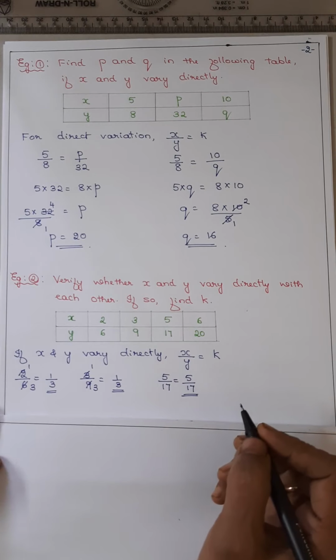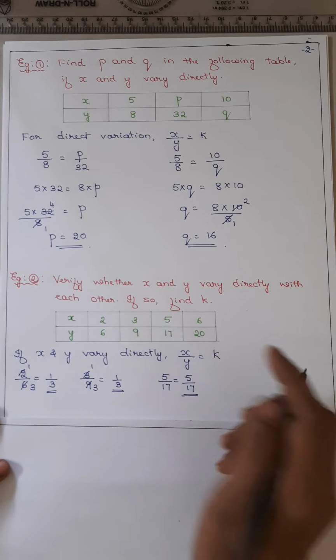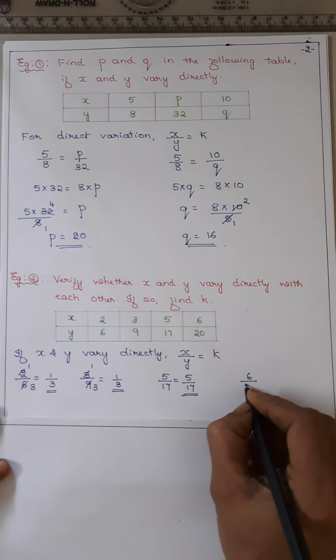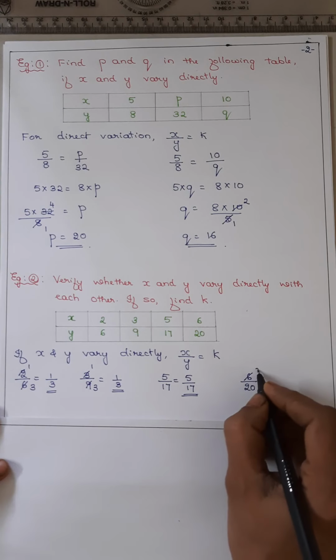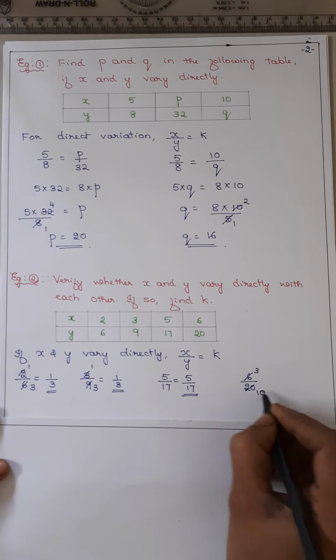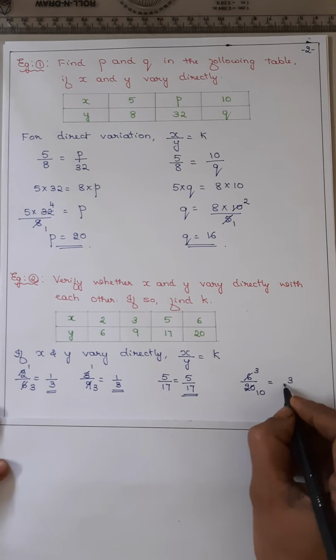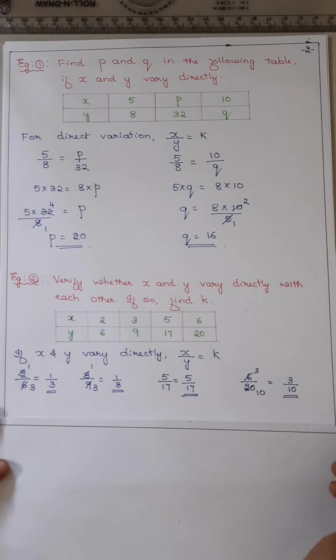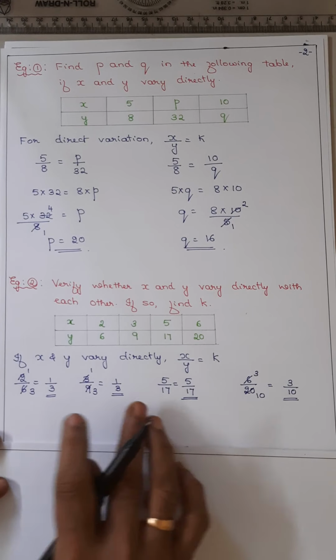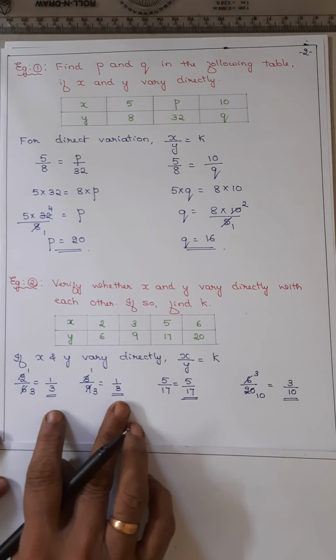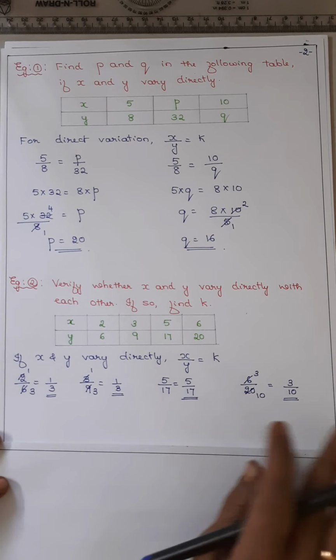Now 6 and 20, 6 by 20. 2 threes are 6, 2 tens are 20. So you got 3 by 10. Now are they equal? See, it should be equal. First and second, yes, but third and fourth, they are not.